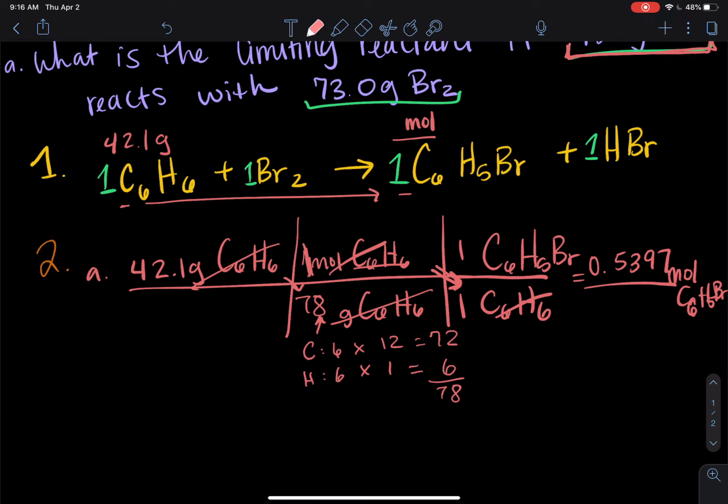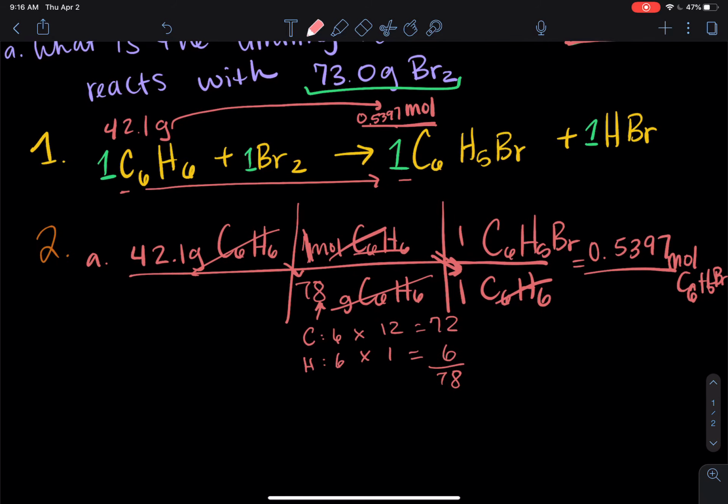So that means that this pretty little pink color that comes from 42.1 grams of benzene will give me 0.5397 moles of product. Okay. So that is one of the steps for this reaction.